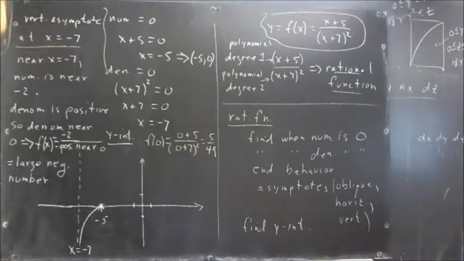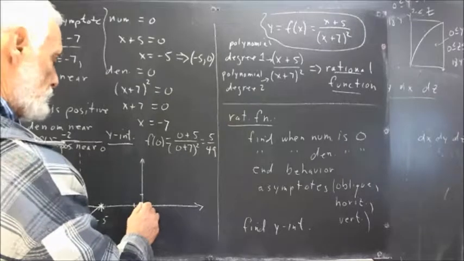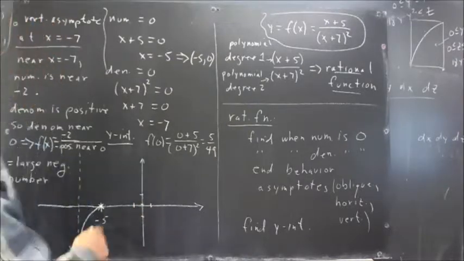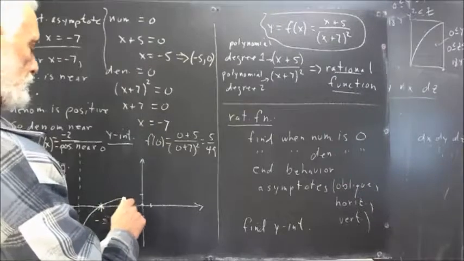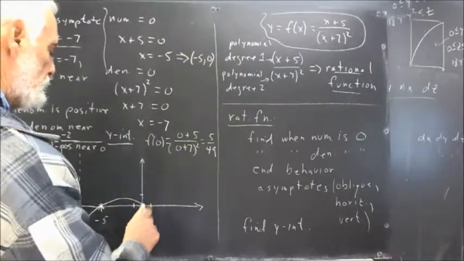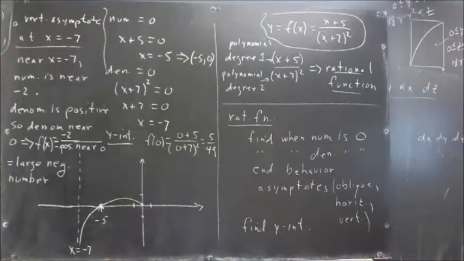I'm looking for the Y-intercept, 5 over 49. Okay, that's about 1/10. That's going to be about here. So we kind of expect the graph to come up, maybe come up over this, and then come down here. And we'll see what else might happen to it.